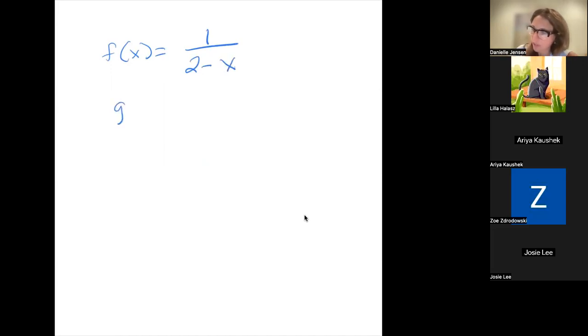And then g of x, let's make it the square root of 1 minus x, something like that. And if I said find f of g of x and its domain.